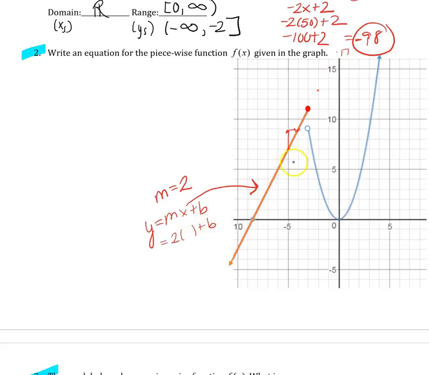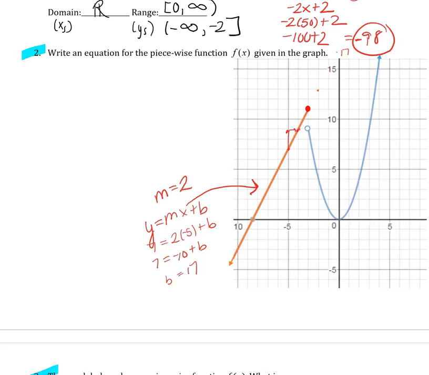So I could use this point negative 5, positive 7. So this gives me 7 is equal to negative 10 plus b. So b is equal to 17. Either way, you get a y-intercept of 17. So the equation of this line is 2x plus 17.